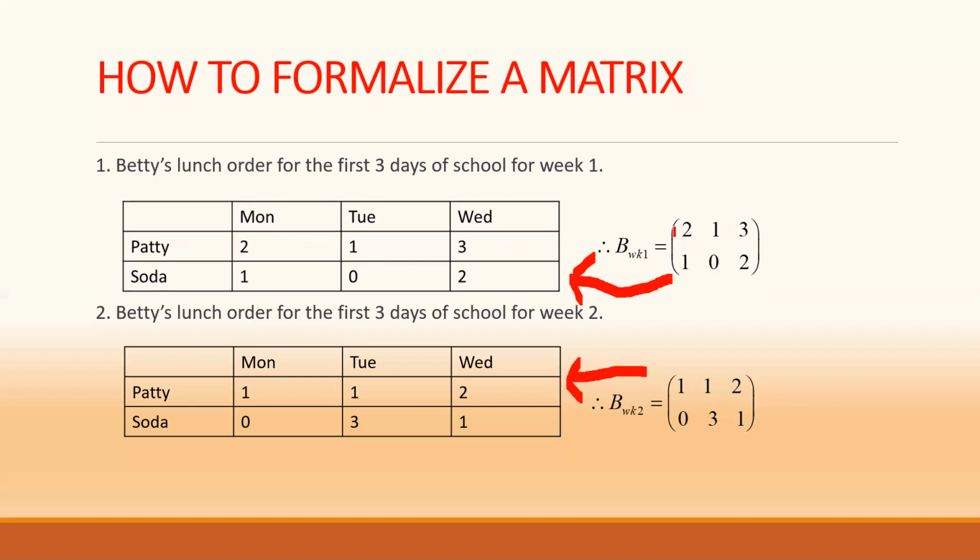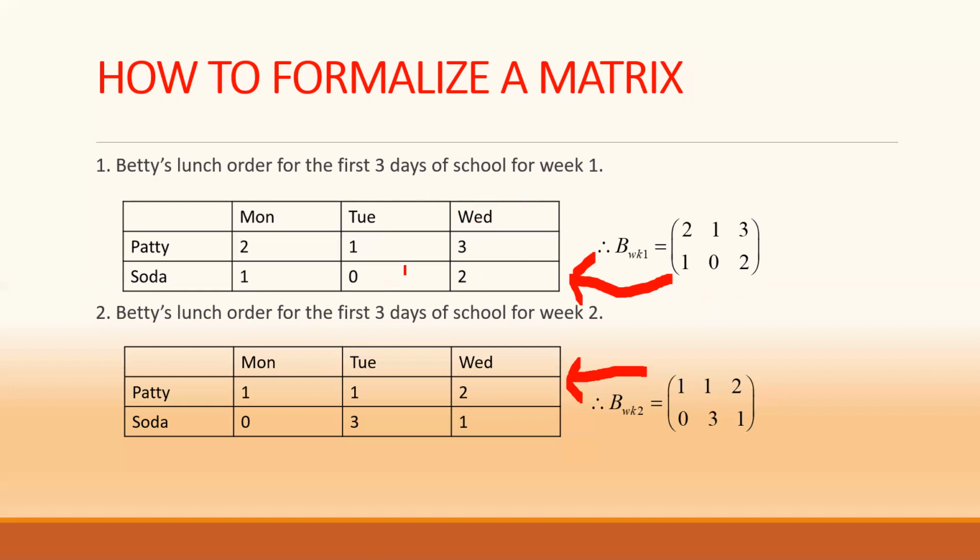So when you're writing it in matrix form, that row will be placed in the same position in the matrix, row 1, right? And row 2, which is 1, 0, 2, will be placed in row 2 within the matrix. And the same for column 1, 2, 1 would be placed in column 1, and 1, 0 would be in column 2, and 3, 2 would be in column 3.